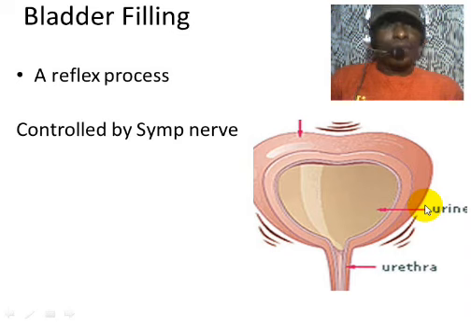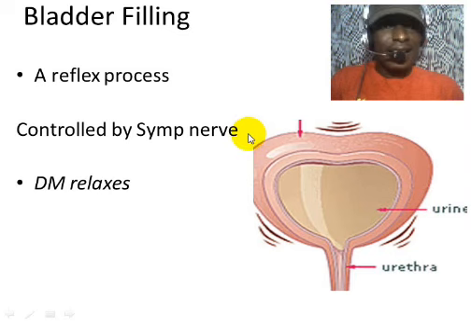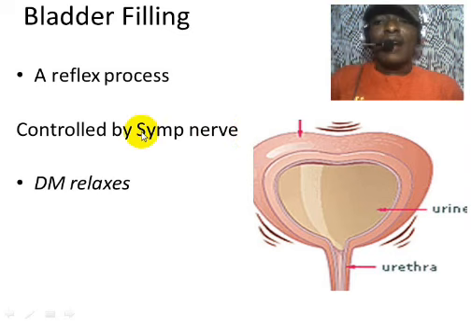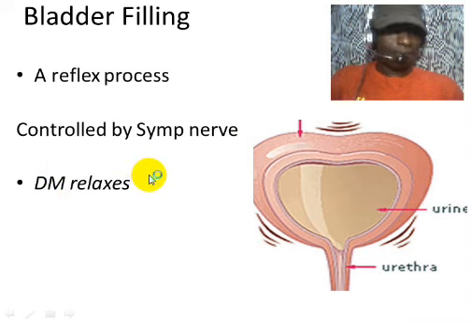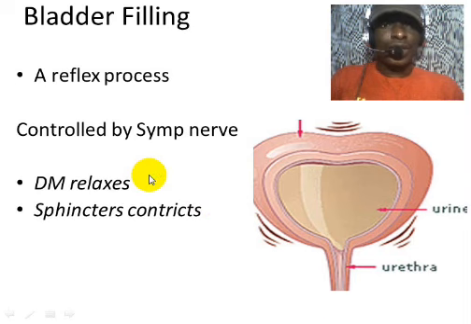It is also controlled majorly by the sympathetic nervous system. Alright, that's the sympathetic wing of the autonomic nervous system. The sympathetic nervous system relaxes the detrusor muscles of the bladder upon stimulation. Alright, it also causes constriction of the sphincters.